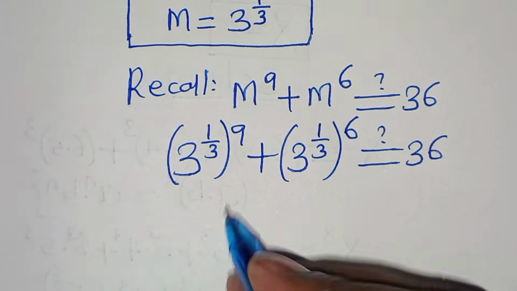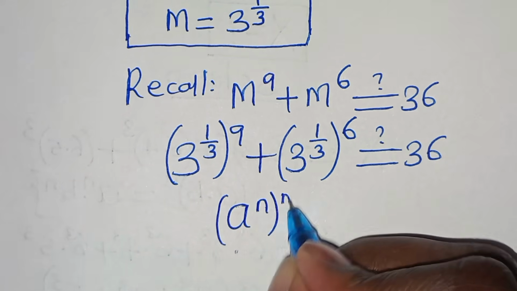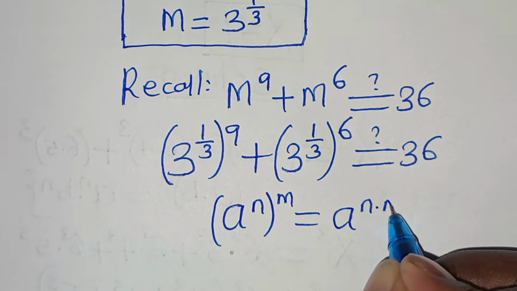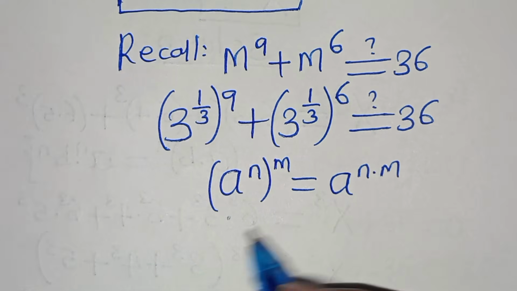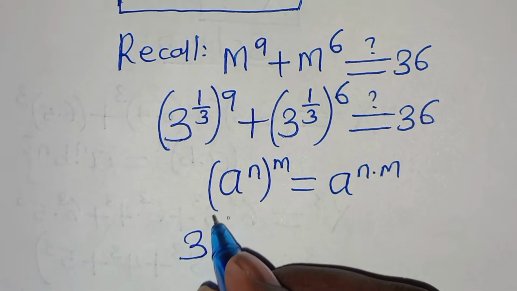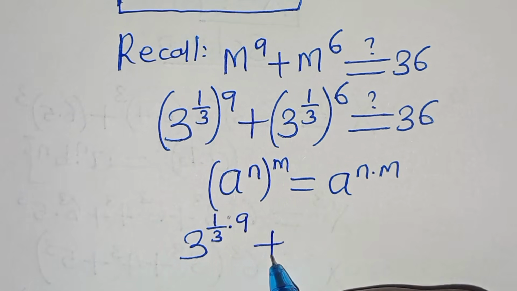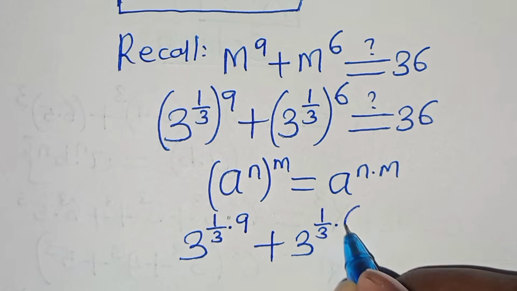Now, this is in the form of a to the power of n raised to the power of m, which we can express as a to the power of n times m. Applying this exponent property, we have 3 to the power of 1 over 3 multiplied by 9, plus 3 to the power of 1 over 3 multiplied by 6.